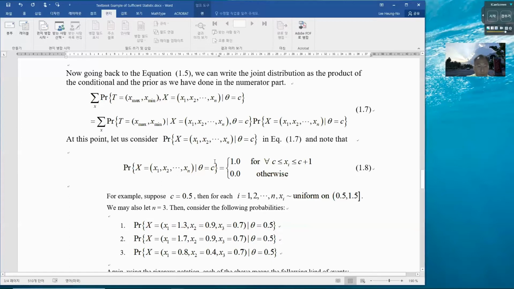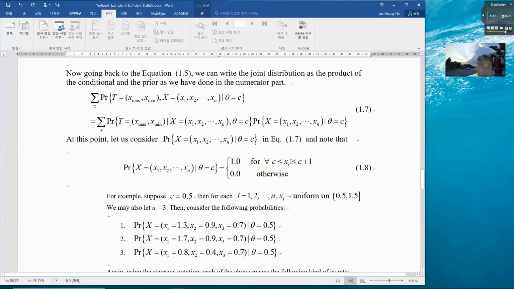Okay, so having said that, this conditional probability that theta is equal to c, each one of the random variables has a non-zero probability whenever these xi belong to the interval from c to c plus 1.